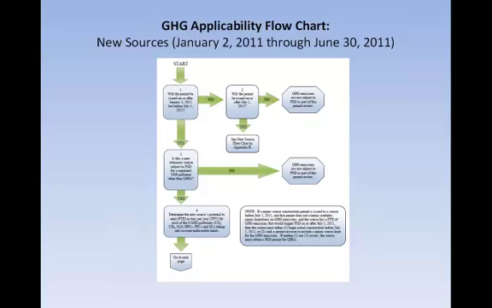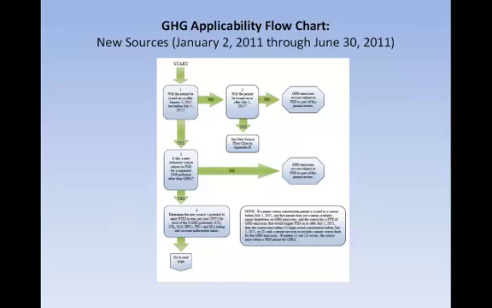That is, if a minor source construction permit is issued to a source prior to July 1st, 2011, and that permit does not contain a synthetic minor limitation on greenhouse gas emissions, and a source has a potential to emit greenhouse gas emissions that would trigger PSD on or after July 1st, 2011, then the source must either begin actual construction on that permit prior to July 1st, 2011, or seek a permit revision to include a minor source limit for that greenhouse gas emission.